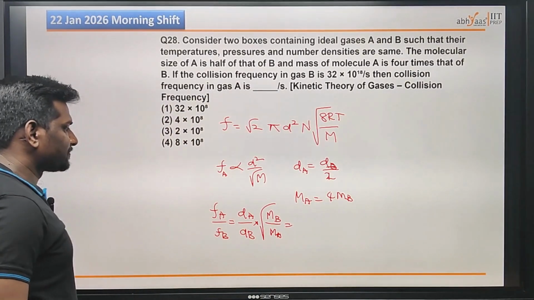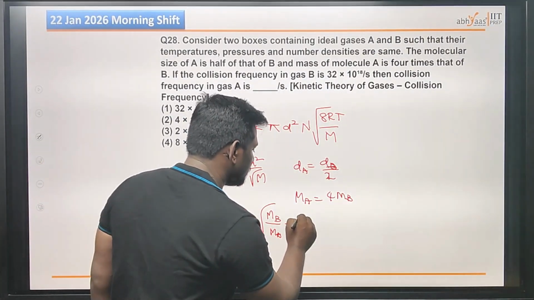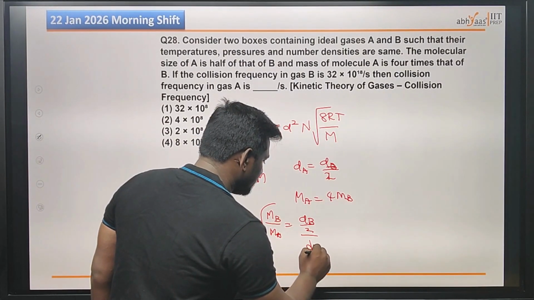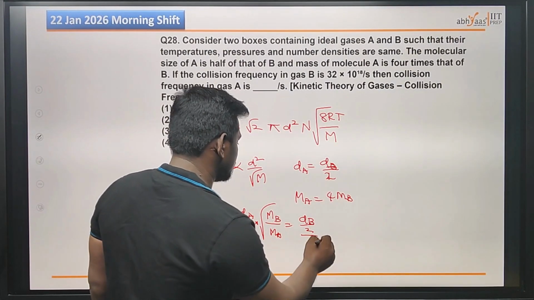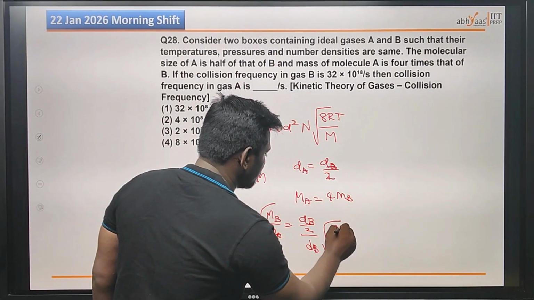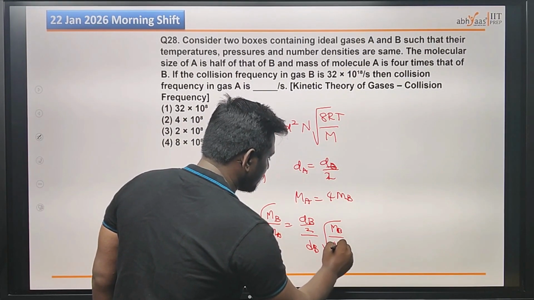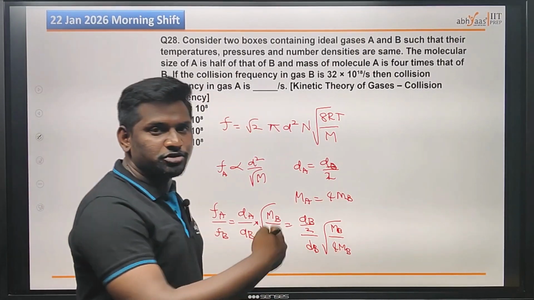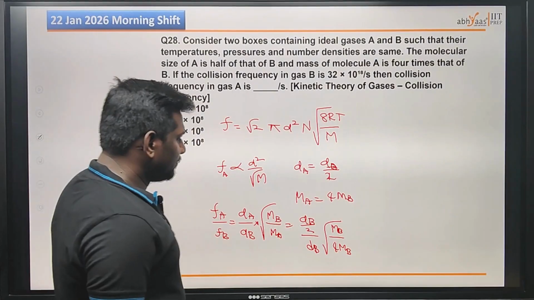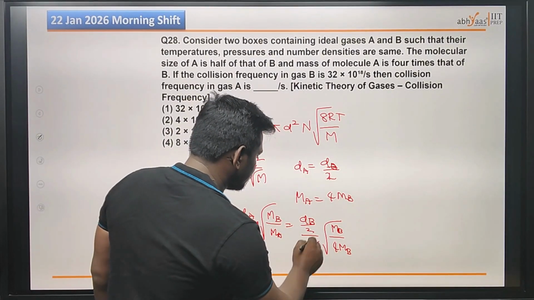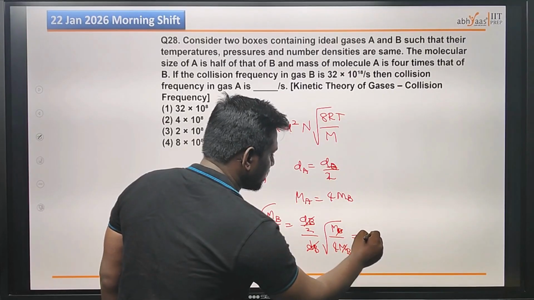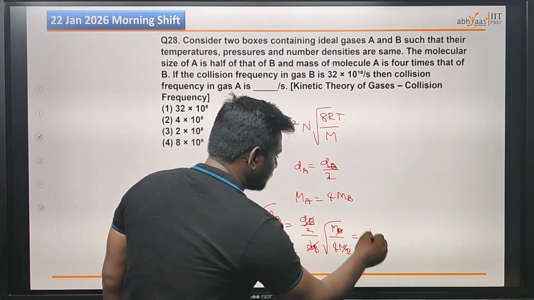If you substitute the values, dB by 2 by dB, under root mB by 4 mB, and cancel out these things, you are left with 1 by 8.